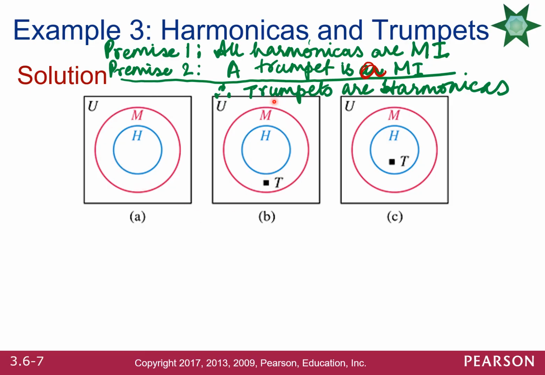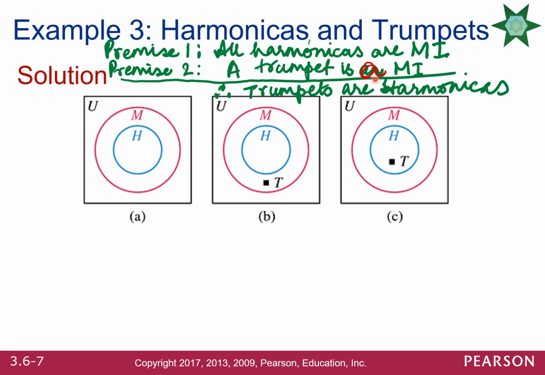And then we have to incorporate a trumpet is a musical instrument. Now, because they are referring to a single trumpet, we do not use a circle. We just use a dot represented by the letter T for the trumpet. And it says in the premise that it's a musical instrument.